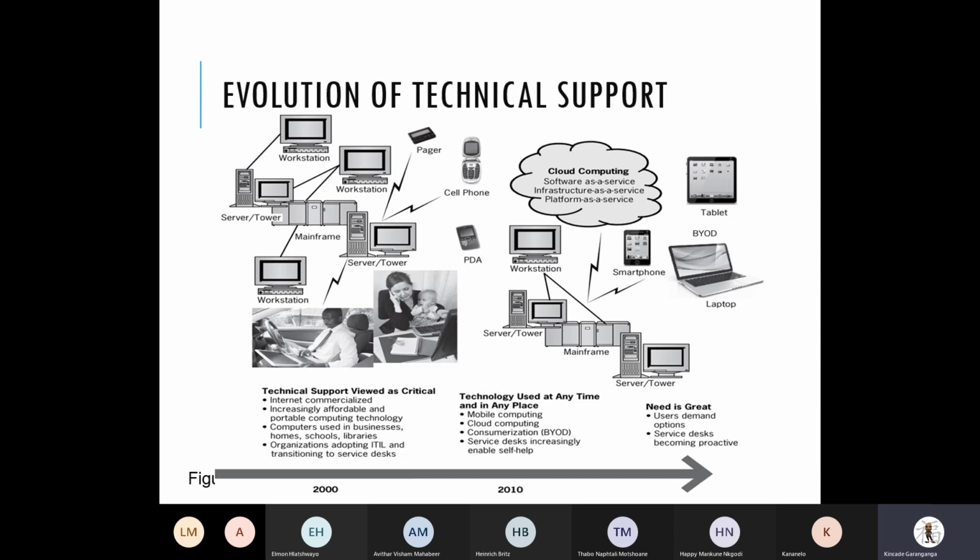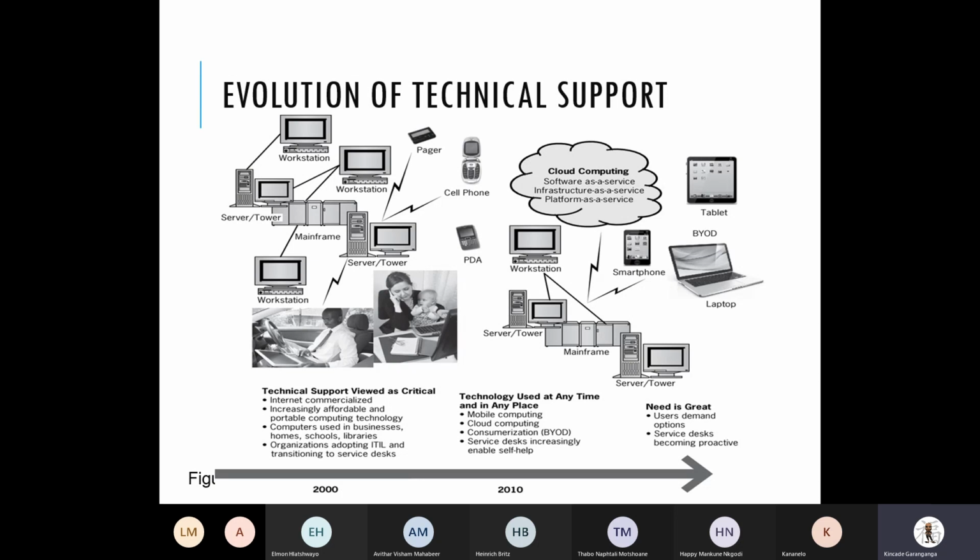So the internet space became commercialized, and naturally you find that computer systems were used across every particular industry as far as your environments there would go. And then obviously technology used at any time and within any particular environment. So your mobile computing, cloud computing, and obviously the BYOD that we mentioned again in computer architecture before.